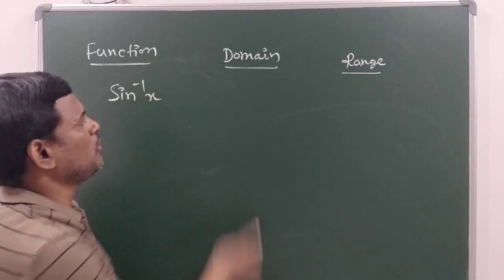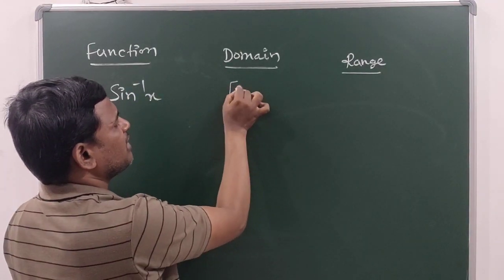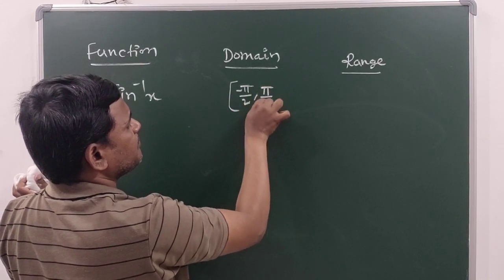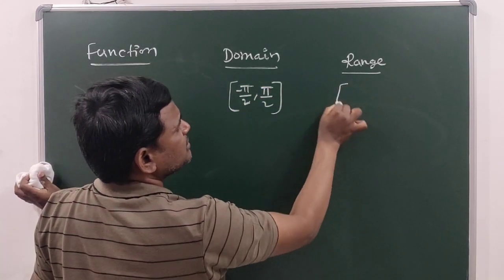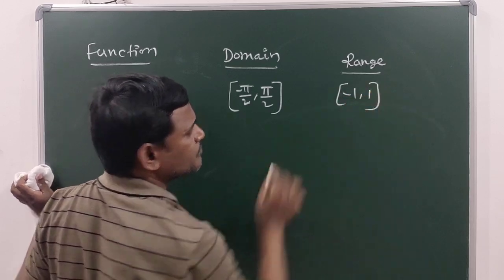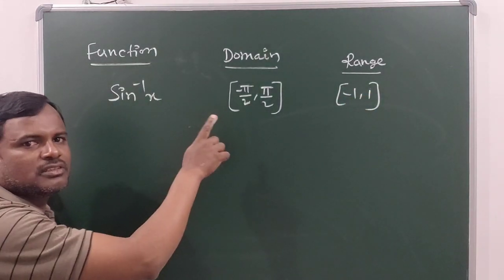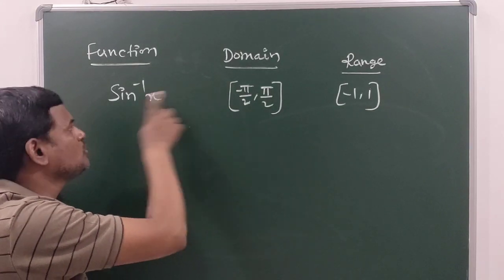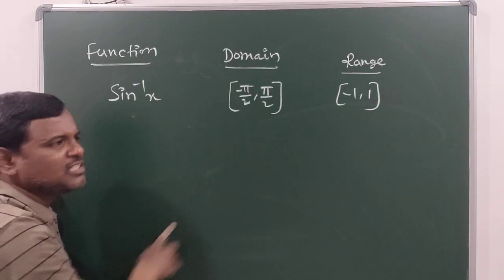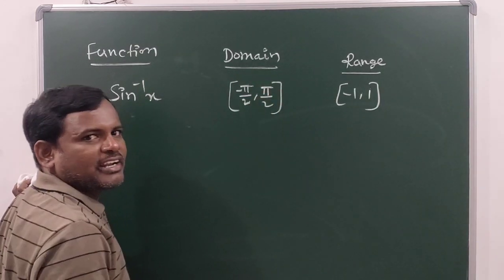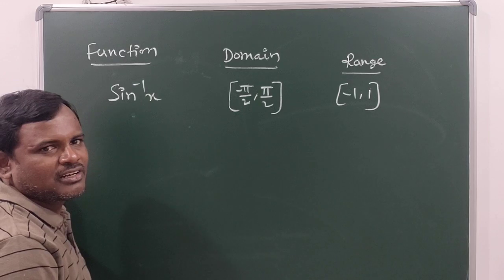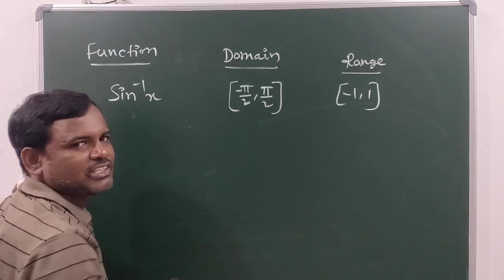Tell me its domain? Closed interval of minus 90 to plus 90 and the range is minus 1 to 1. For the basic functions, we have seen the principal domain and range, no? So when you come to their inverses, this domain and range will just be interchanged. Okay, I think you are observing this.